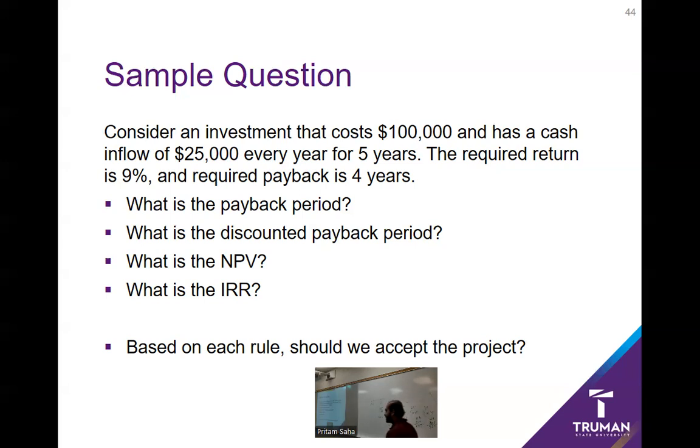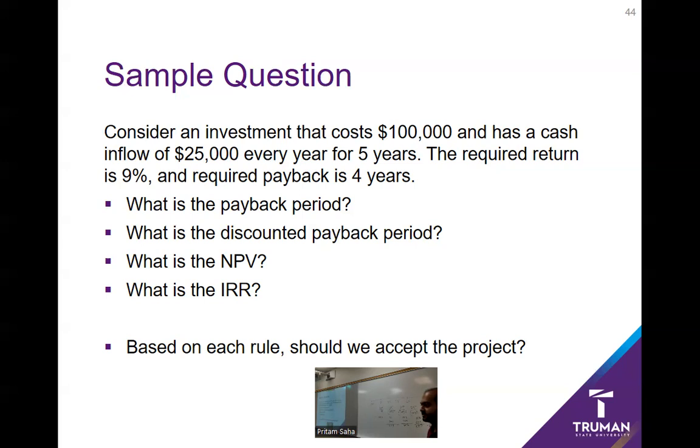So that means we never received the entire investment back on a discounted basis from this project. In that case, we can say that there is no discounted payback period for this project. Make sense? If the project continued for 6 years, hypothetically, then we could say 5 years and something fractionally. Make sense?